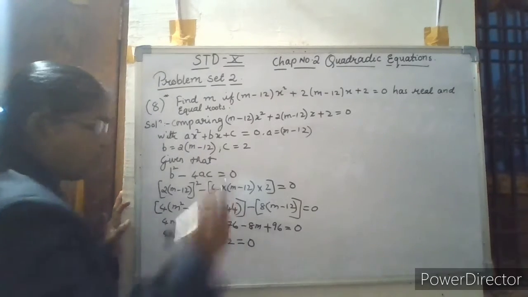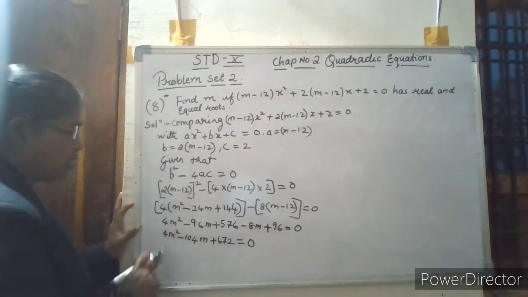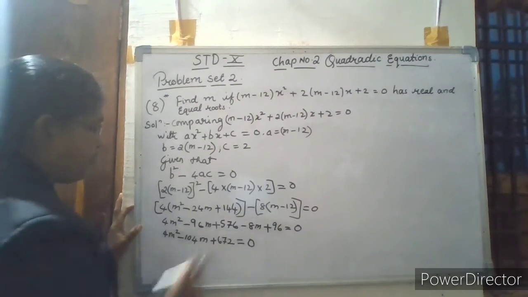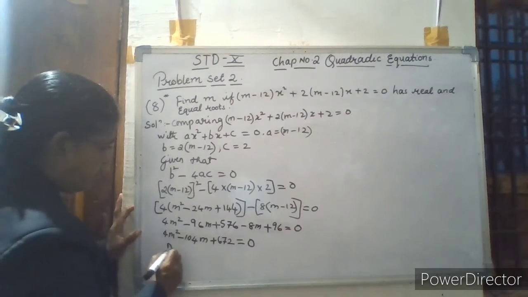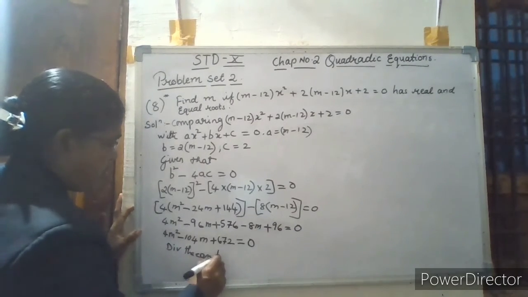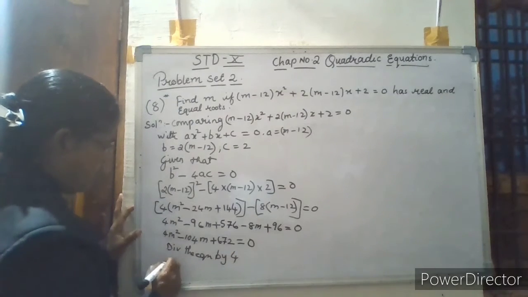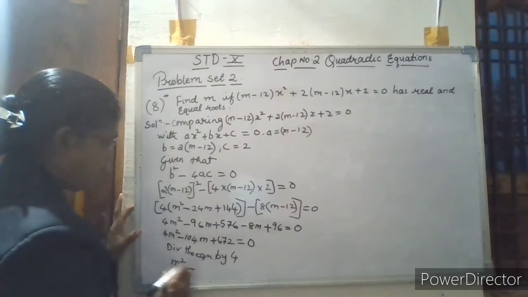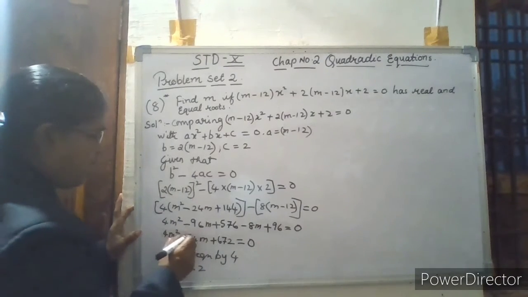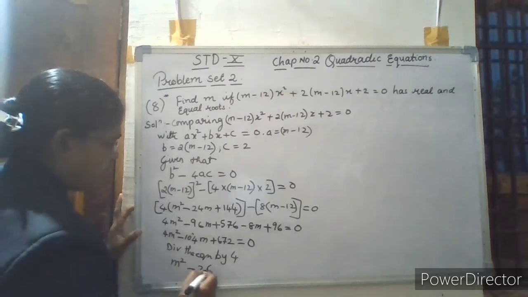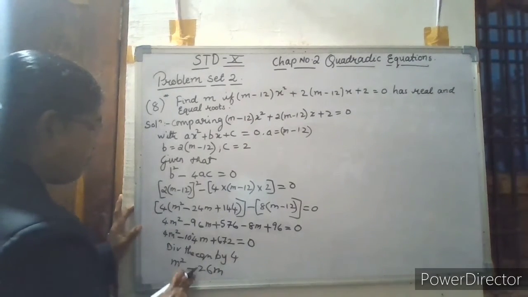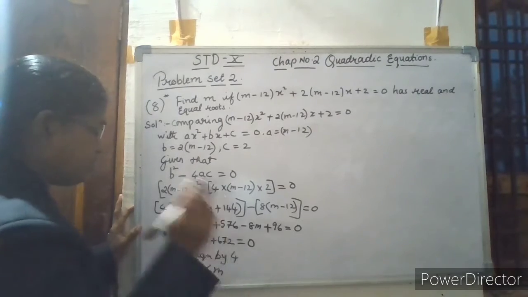Now we have got it as a quadratic equation. But all the terms are divisible by 4. So divide the equation by 4. So it is m square minus 104 divided by 4, which is 26m.